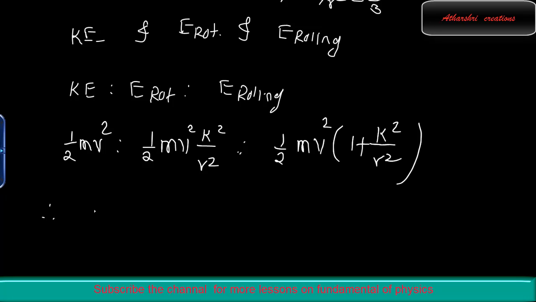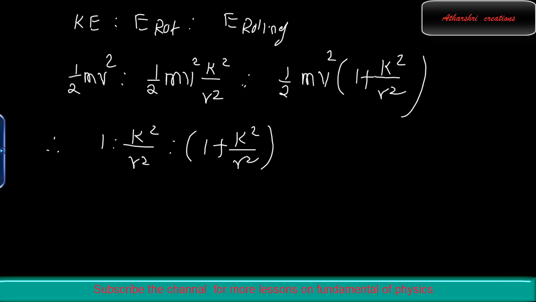Hence, the ratio becomes 1 is to k square divided by r square is to 1 plus k square divided by r square.